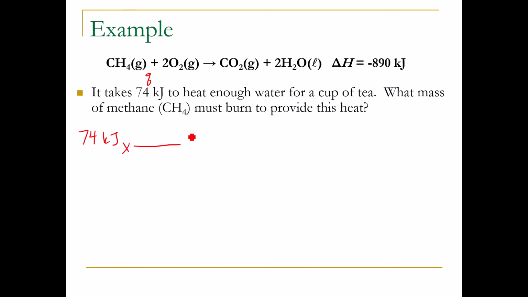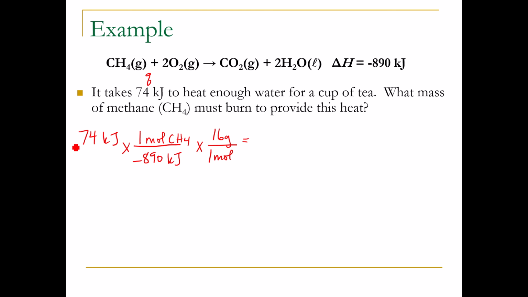We're going to use our conversion factor to turn kilojoules into moles. So I'm going to put the kilojoules on the bottom so it will cancel out. I want to relate that to the methane, which has a coefficient of 1 in our balanced equation. So I have negative 890 kilojoules per 1 mole of methane. And then since I'm looking for mass, the last thing I want to do is multiply by the molar mass.